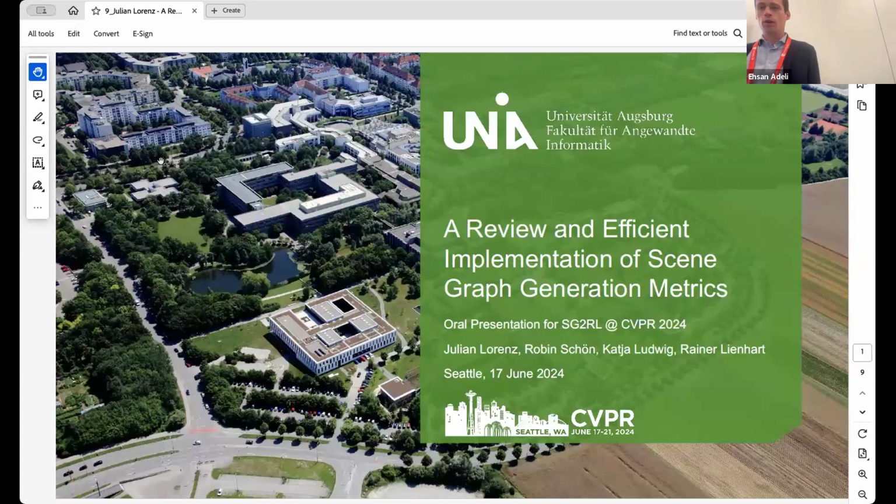Now that we've settled this, our goal for our publication was to make life as a scene graph generation researcher better and easier. Therefore we identified two problems.